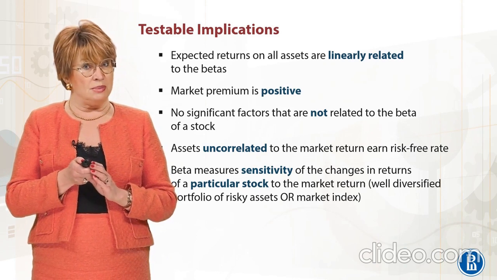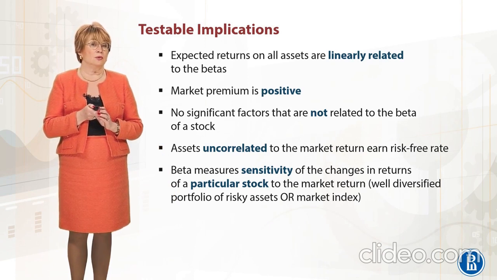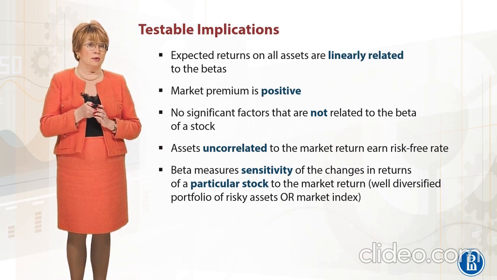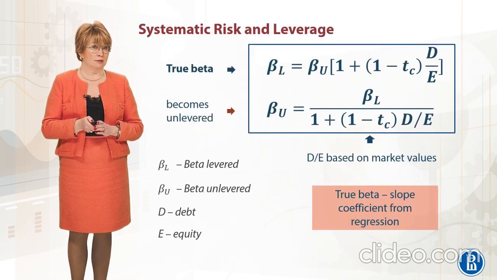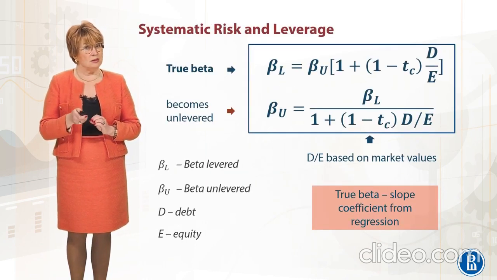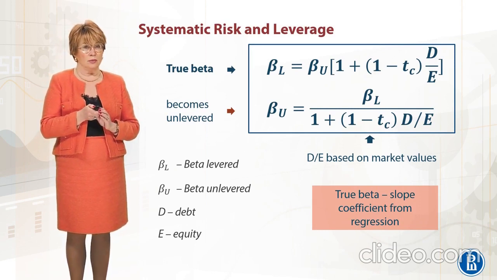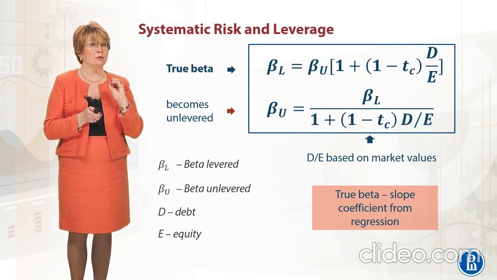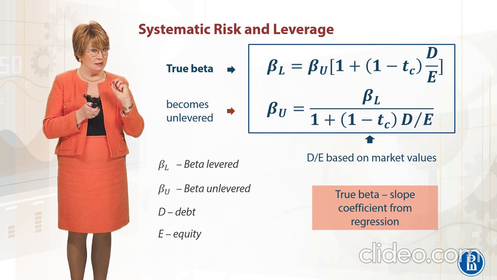This is the beta which measures the sensitivity of the changes in the return of some particular stock compared to the changes in the market return or well-diversified market portfolio. So the beta is like a key or central metric in that model which captures the systematic risk sensitivity of that particular company. And that's why we need to discuss the beta in a little more detail.